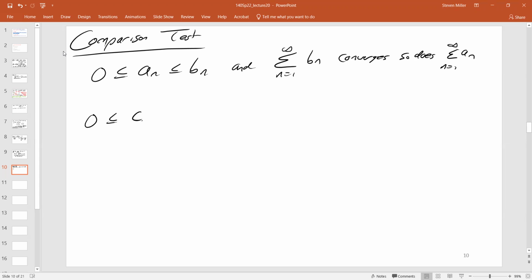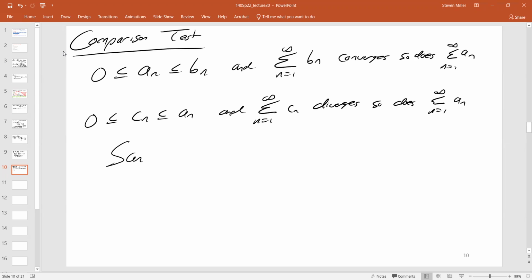And if I have 0 less than or equal to cn less than or equal to an, and the sum, n goes from 1 to infinity, of cn diverges, so does the sum, n goes from 1 to infinity, of an. So this is sometimes called the sandwich theorem.